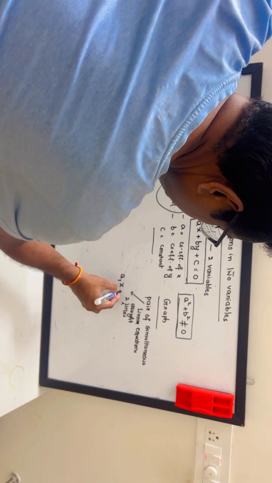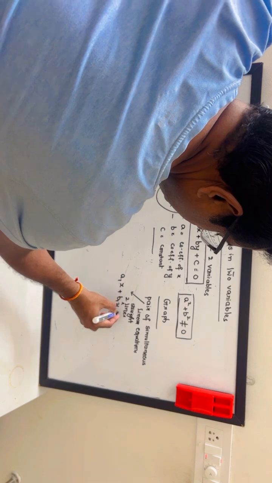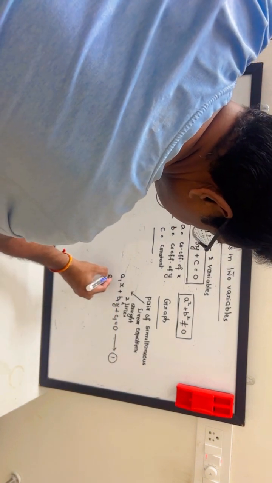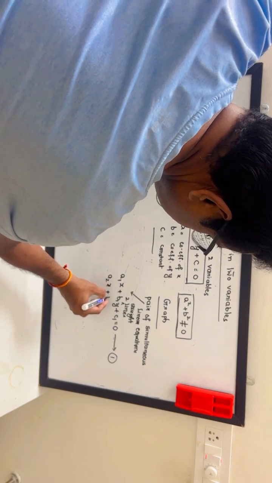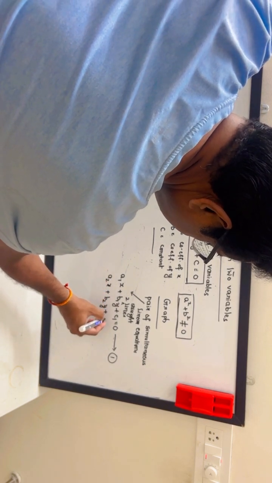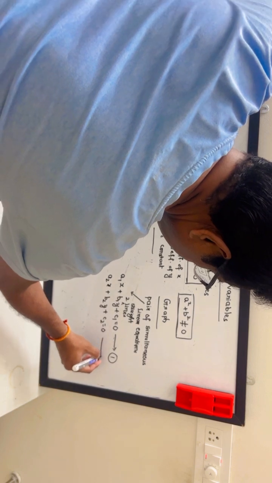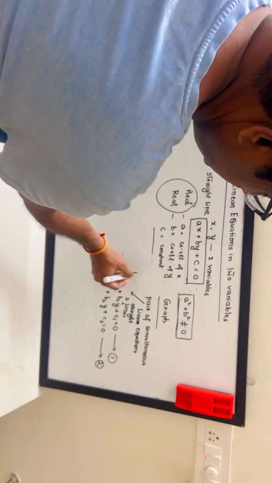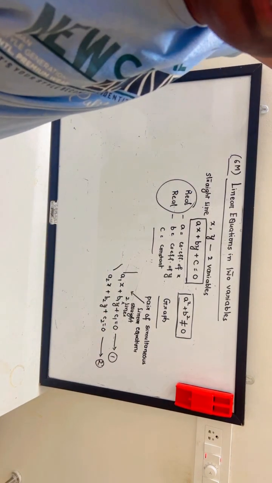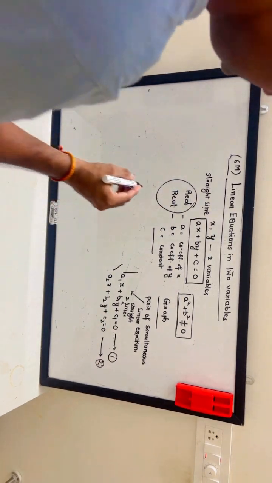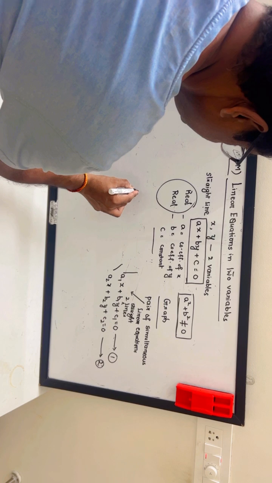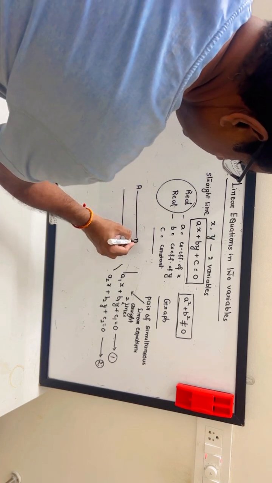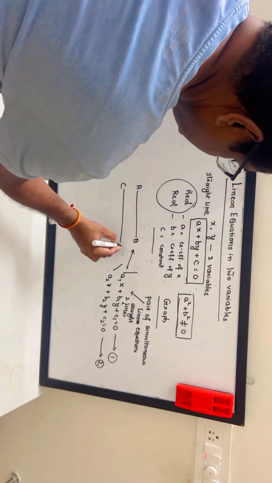a1x plus b1y plus c1 is equal to 0. This is one equation. The other one is a2x plus b2y plus c2 equal to 0. This is another simultaneous equation. These are two equations, and if you draw them, they are nothing but two straight lines. Suppose AB is one straight line and CD is another straight line.